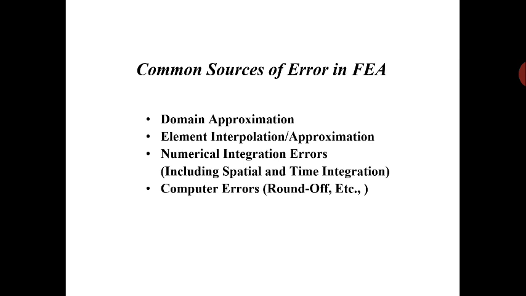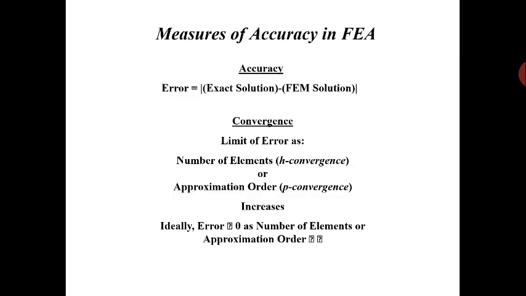So we take a round off up to 2, 3, 4 places after the point. So these are all the sources of error.